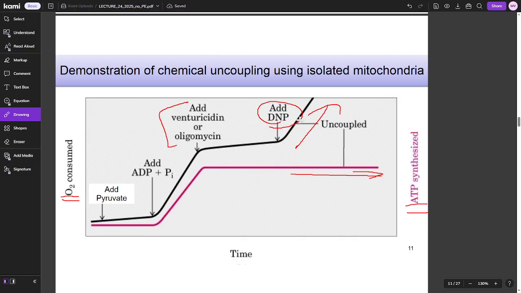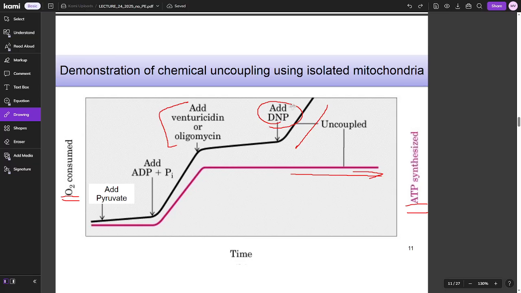Because if it's just an inhibitor, it's going to be a flat ATP synthesis, so there's not going to be any ATP synthesis because it's inhibited, and there's not going to be a lot of O2 consumption. That's different if you use a decoupler, because a decoupler doesn't affect ATP synthase in any way, but it does mess with the proton gradient.